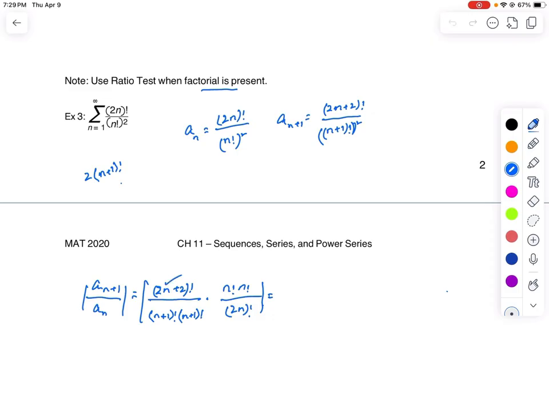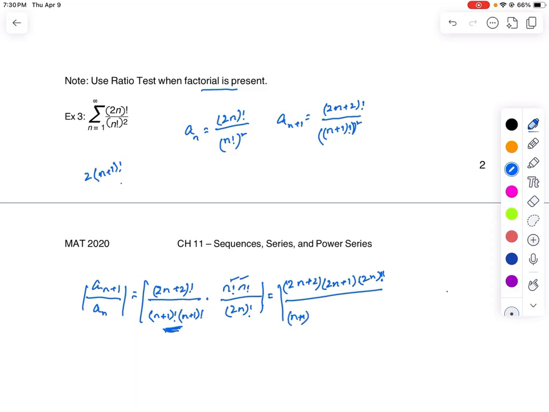the top here is bigger than 2n, so I expand. I get 2n plus 2, then 2n plus 1, and then (2n) factorial. Over the bottom, we have an n factorial, and we can easily get an n factorial from the ones at the bottom.